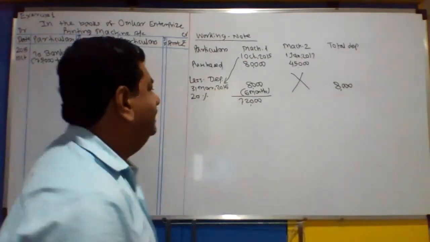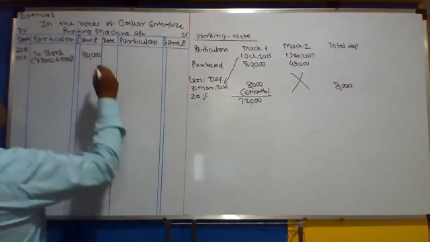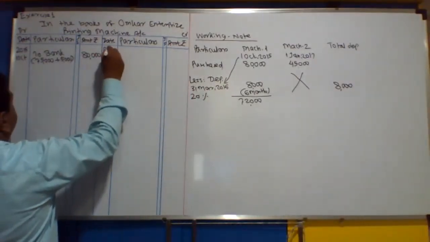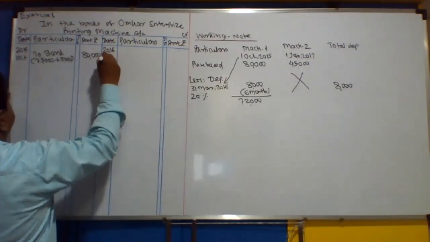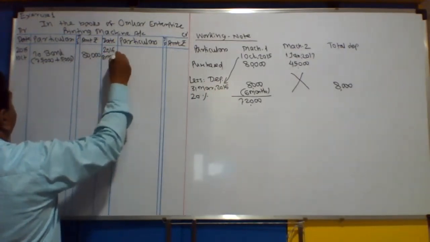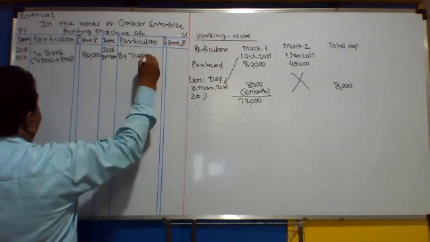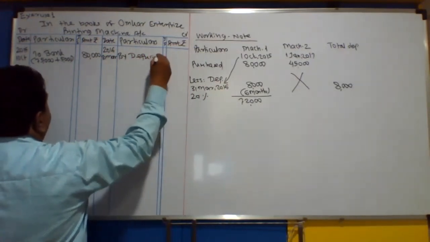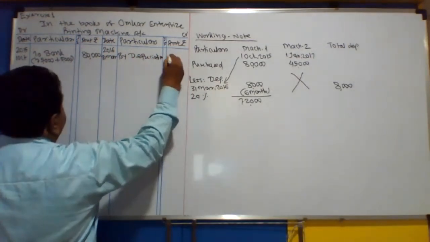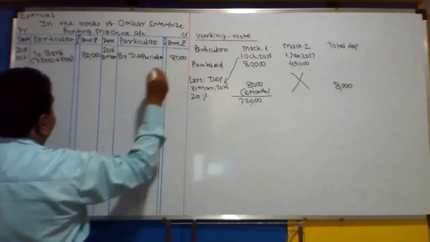Now here the entry: 2016, 31st March. By depreciation account 8,000.